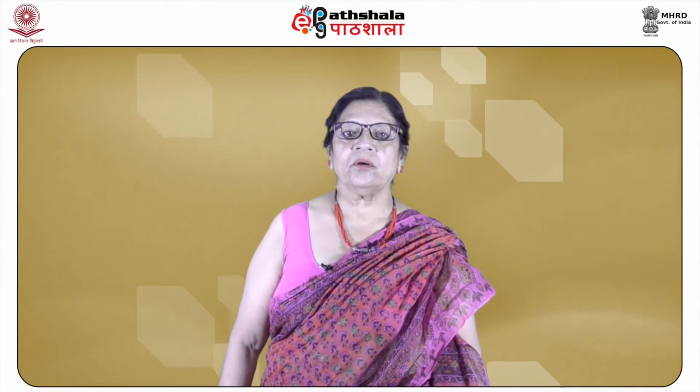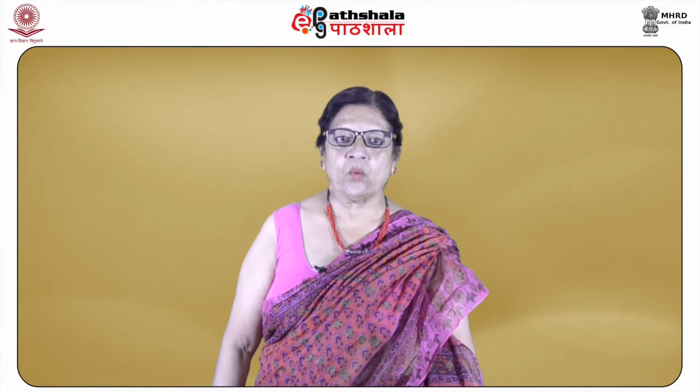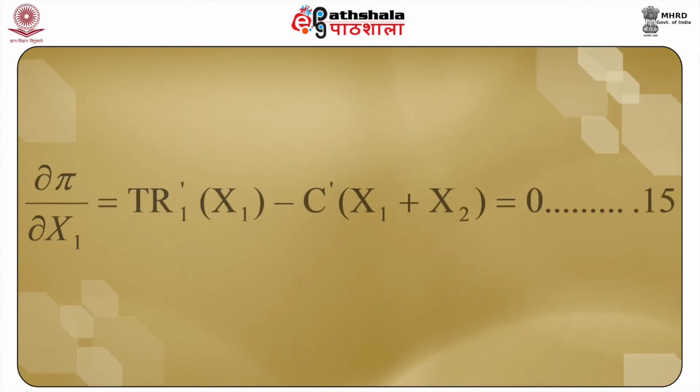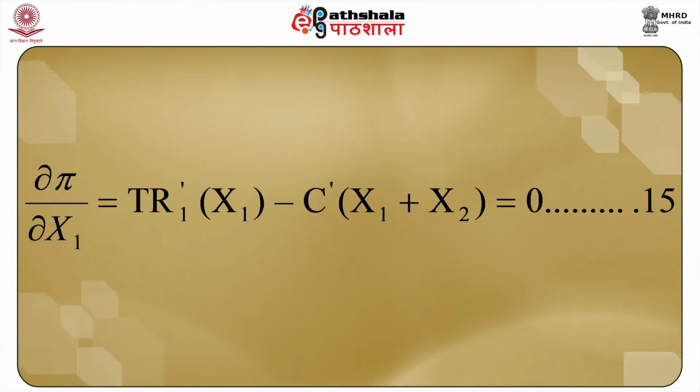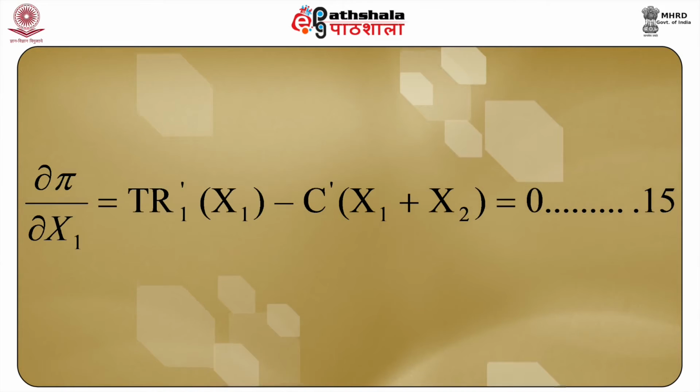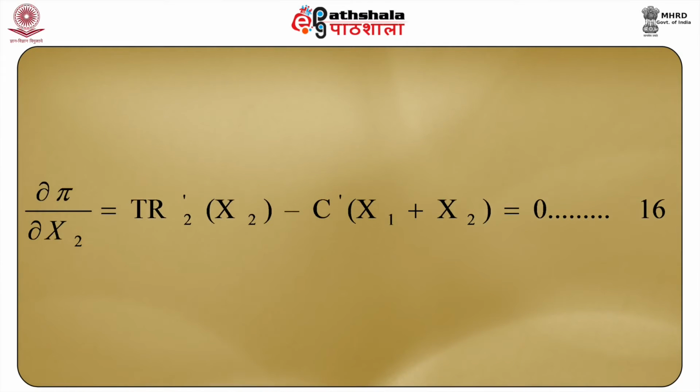The condition for profit maximization requires that delta pi over delta X1 is equal to TR1 into X1 minus C into X1 plus X2, which is equal to 0. Delta pi over delta X2 is equal to TR2 into X2 minus C into X1 plus X2 equal to 0.